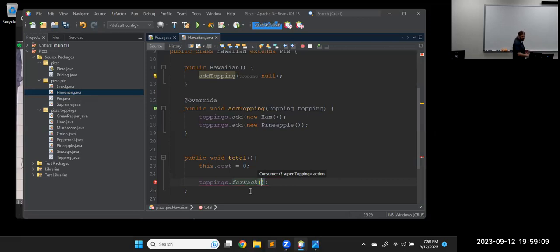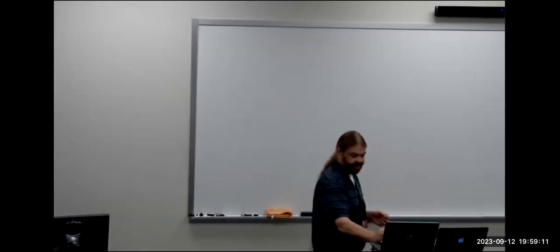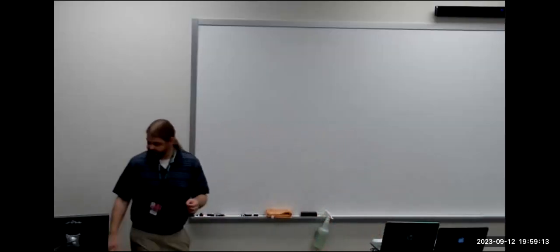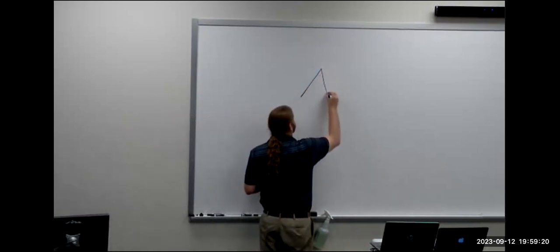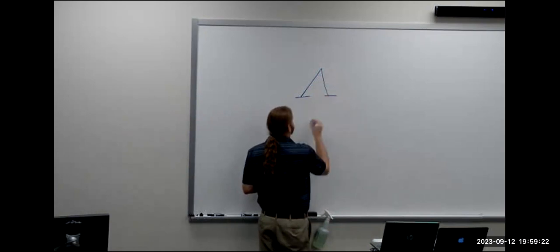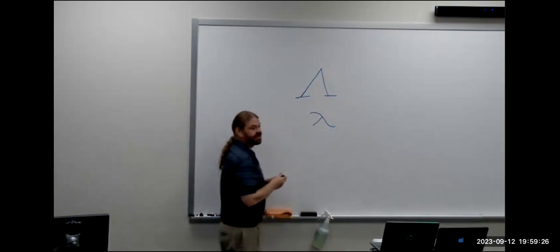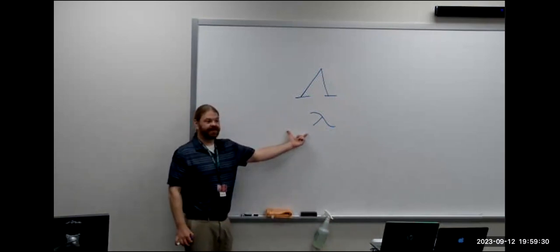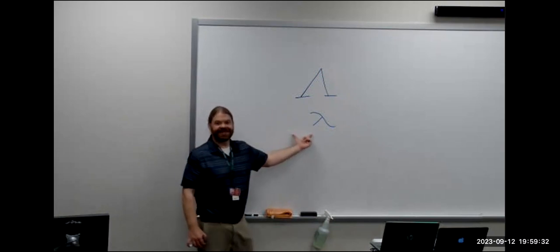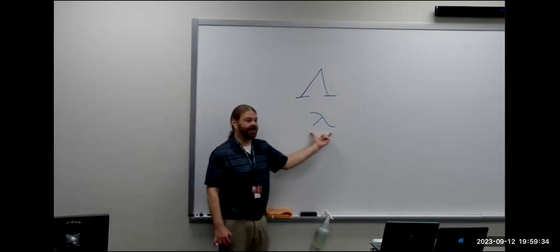If you're not familiar with the Greek alphabet, lambda looks like this, or the lowercase one is something like this. Everybody seen lambdas in Python? I know y'all have all seen that class before, and you actually type out the word lambda.